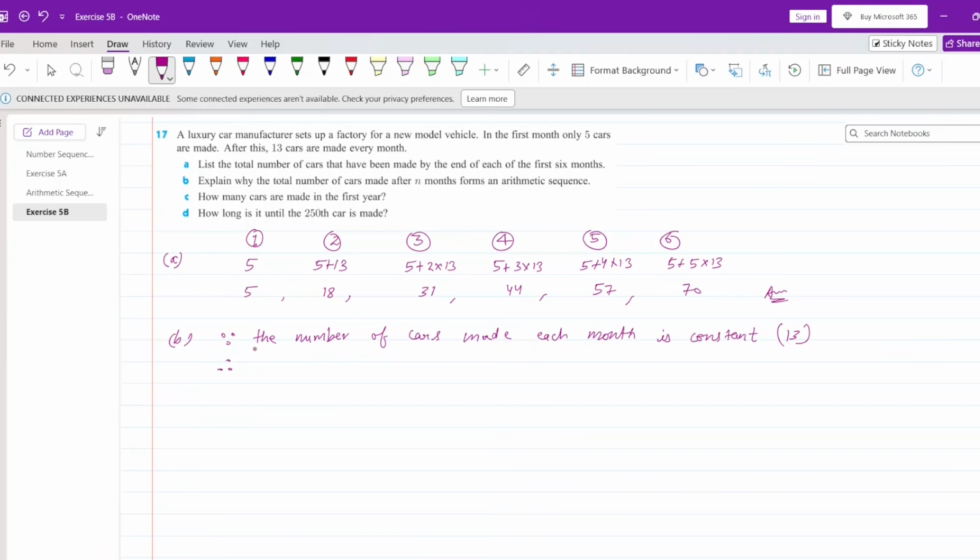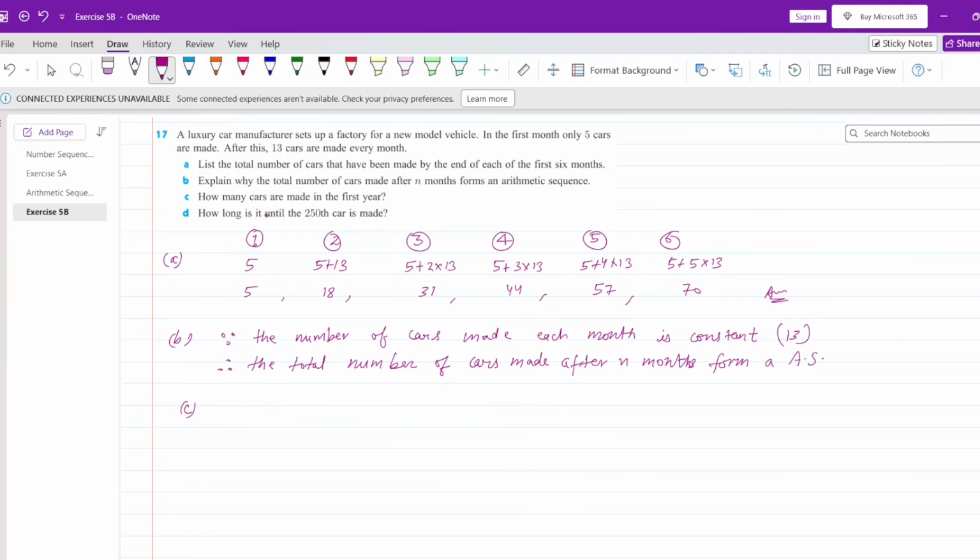Therefore, we can say that the total number of cars made after n months forms an arithmetic sequence, AS.